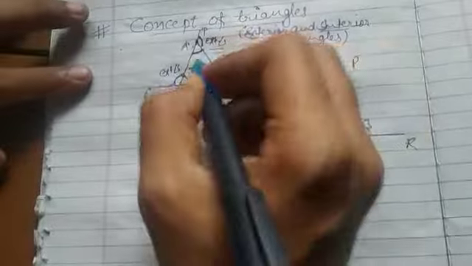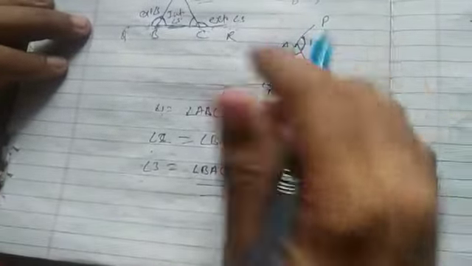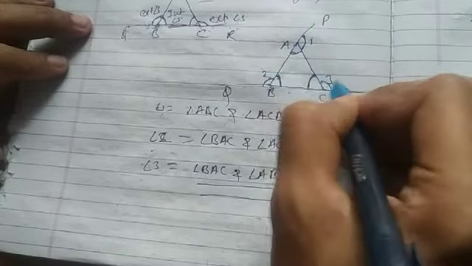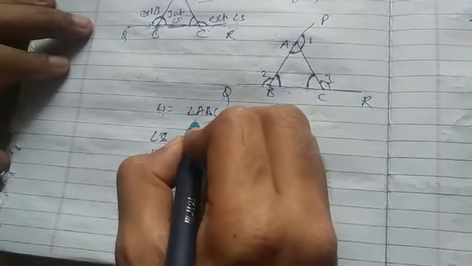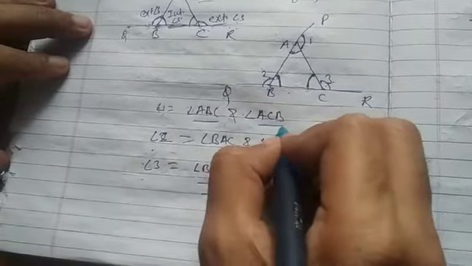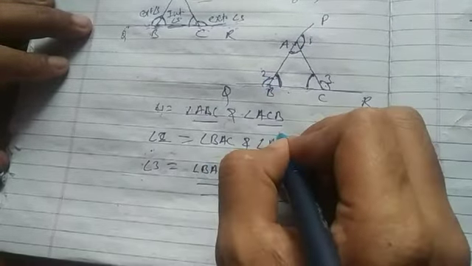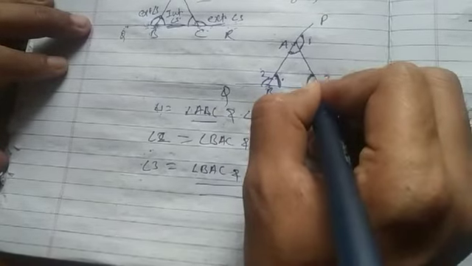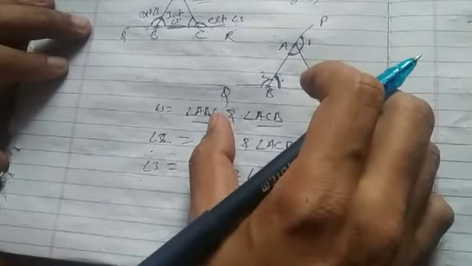Here there is another figure in which I have named the exterior angles as 1, 2, and 3. For exterior angle 1 we have two interior opposite angles, that is angle ABC and angle ACB, this angle and this angle.